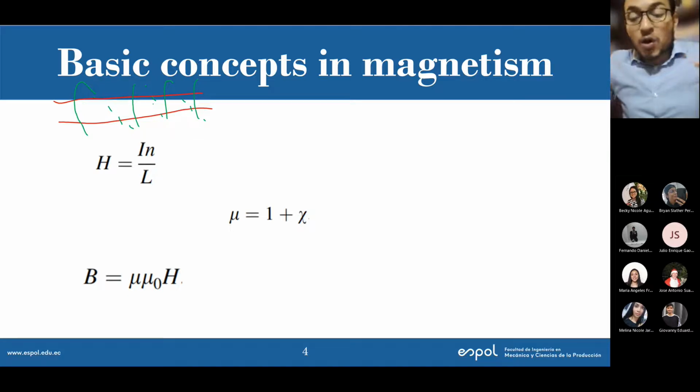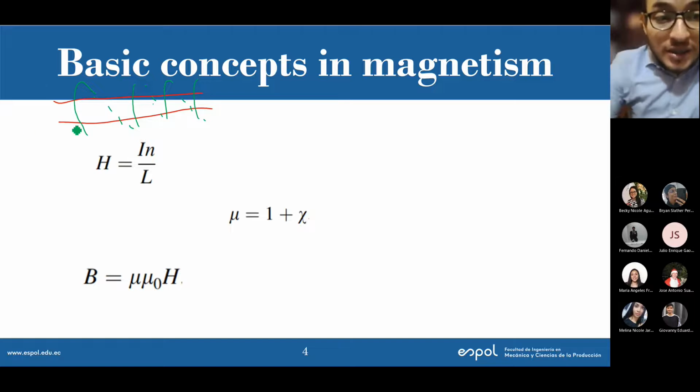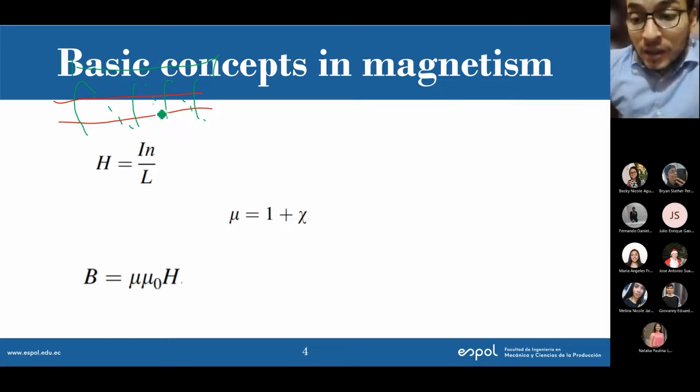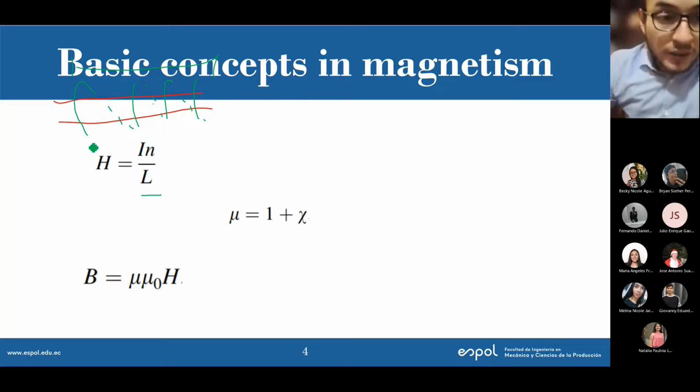So that coil is the one that is exerting or creating the magnetic field on my tube, on my sample, right? So that's what n is. N is just the number of these turns, the number of these windings that the coil has. And the magnetic field strength is obviously inversely proportional to the length of that tube, or that will be the same as the length of the whole coil, right? Of the solenoid, as it's called.